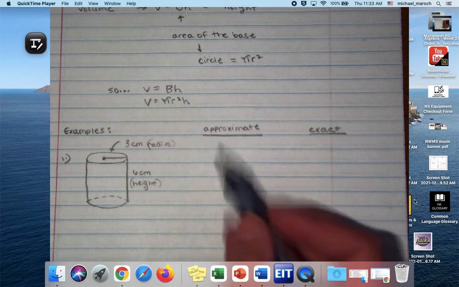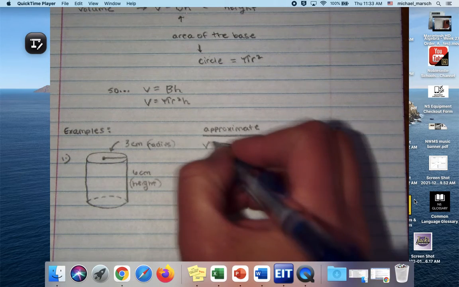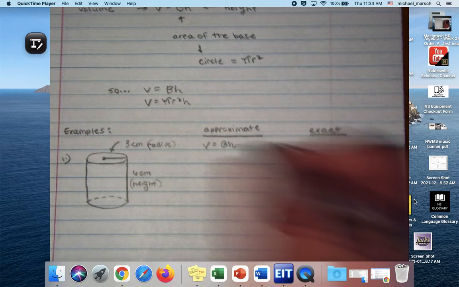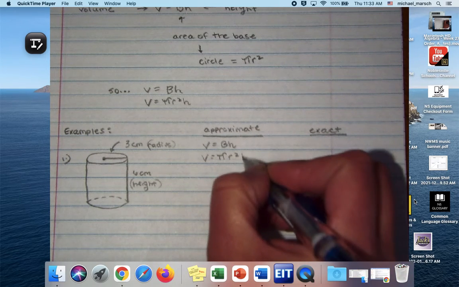For approximate, I'm going to start with volume equals area of base times height. Volume equals pi r squared times the height.